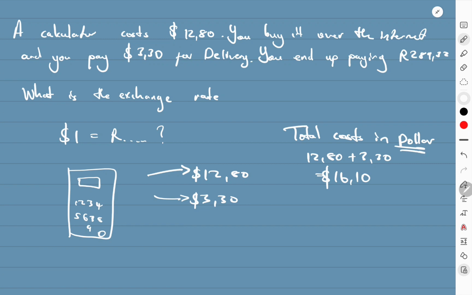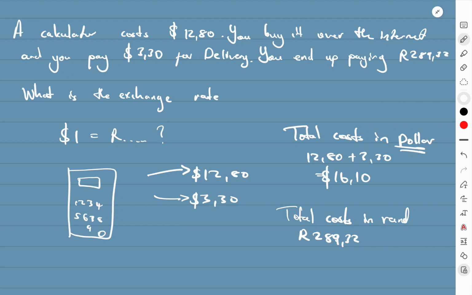Now I'm going to look for the total cost in rands. The total cost in rands is 289.32. You are in South Africa, so you cannot pay in dollars. You have to pay in rands that will compensate for those dollars.